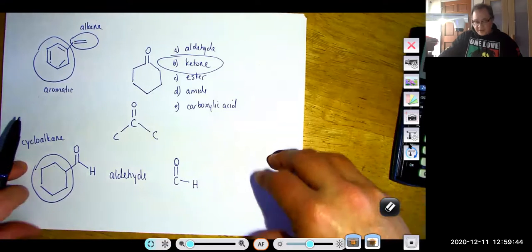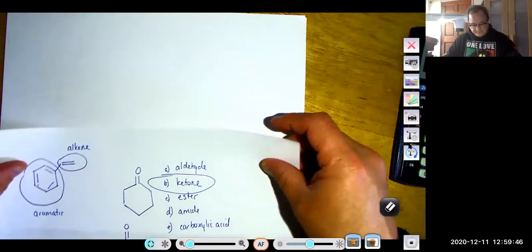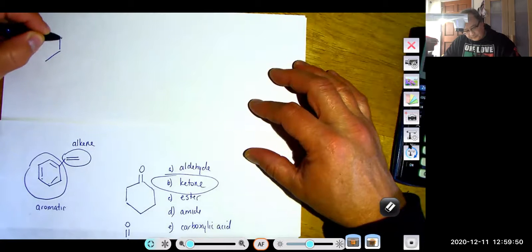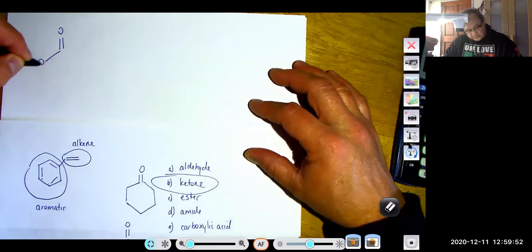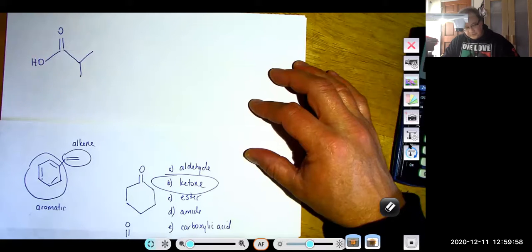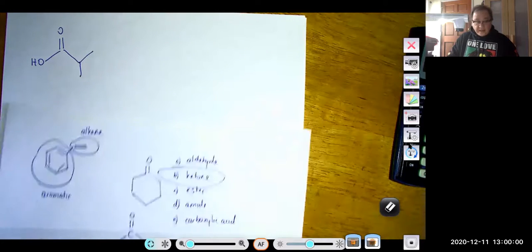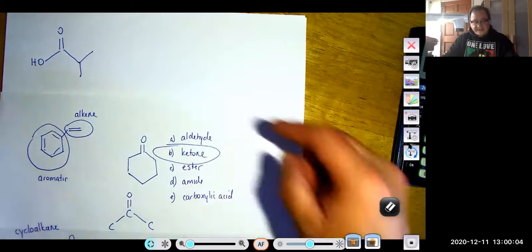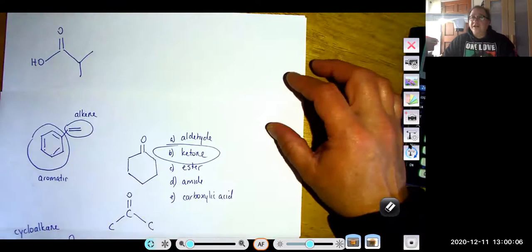Okay, so let's try another one here. Aldehyde, ketone, ester, amide, or carboxylic acid. When you're done, give me a thumbs up.